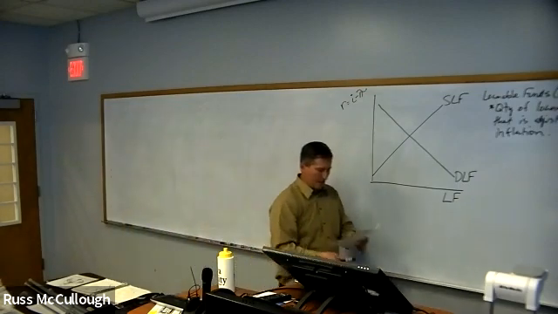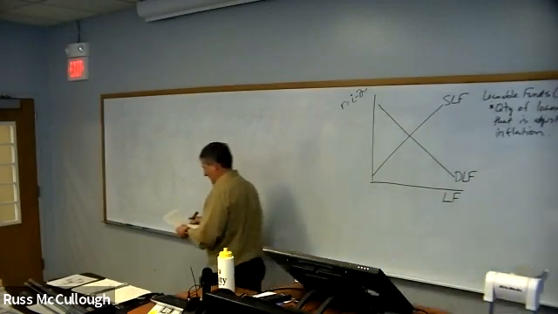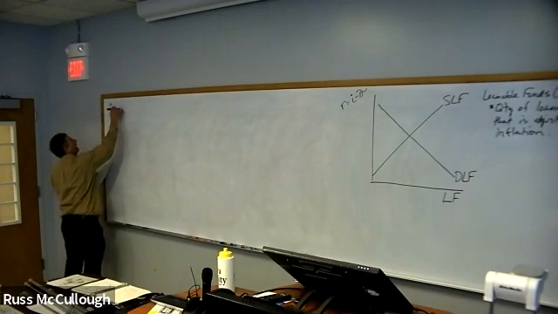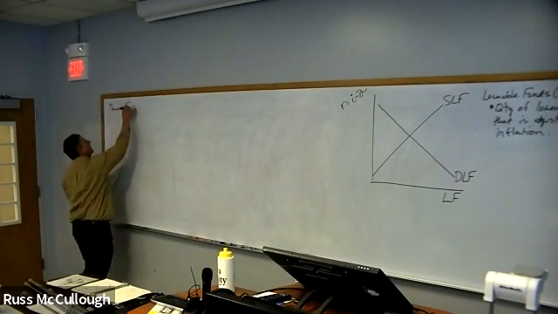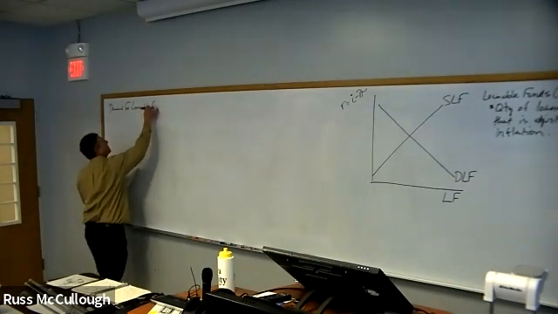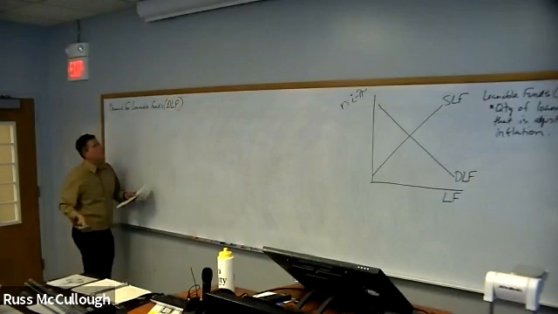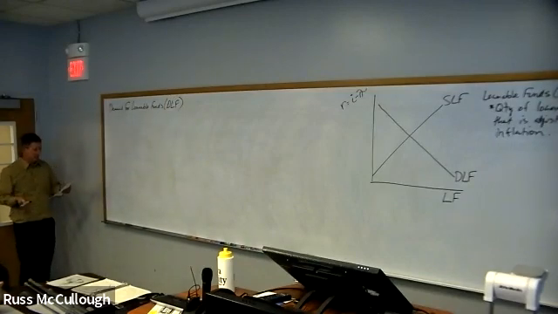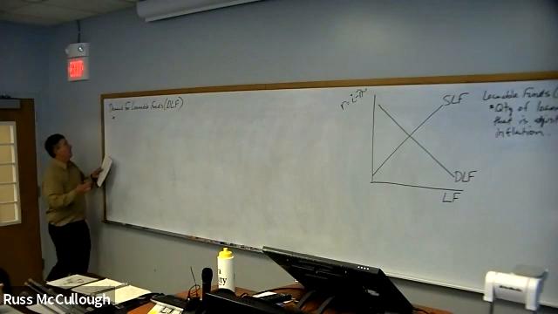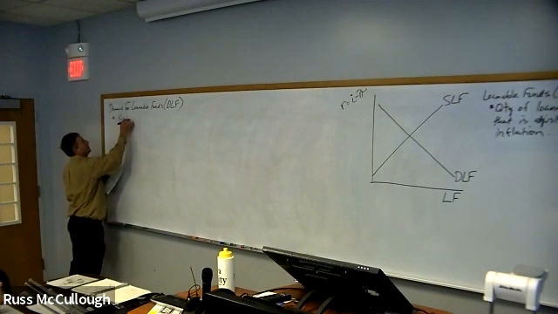All right, so I guess I'll stick over here. Well, maybe not. So the demand for loanable funds, the DLF line. The idea here is that businesses are our main borrowers.